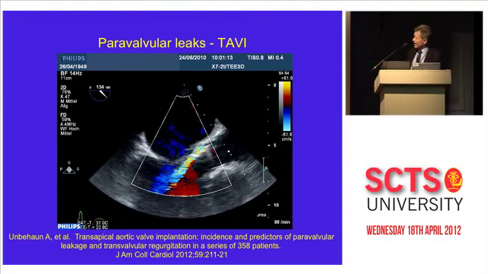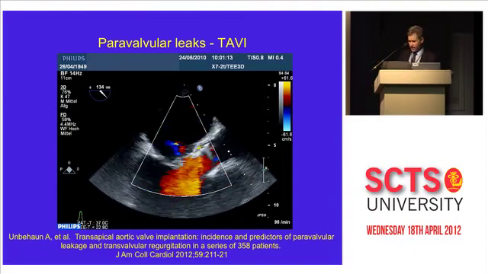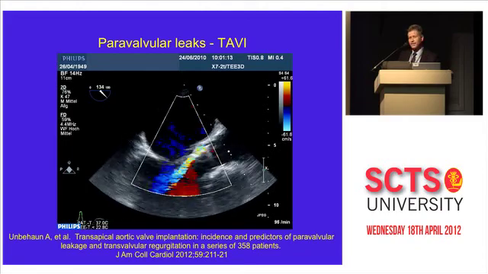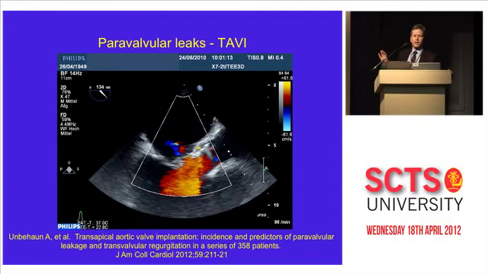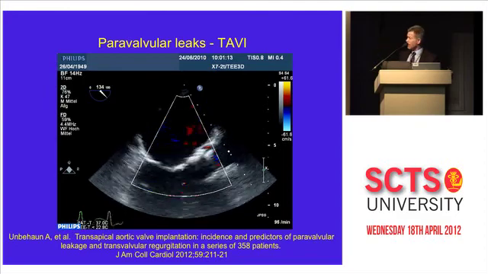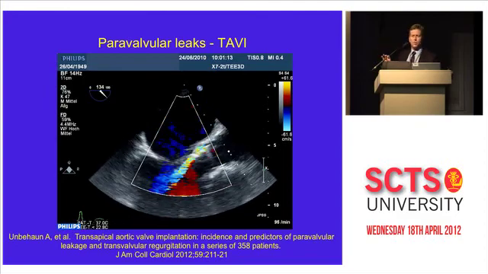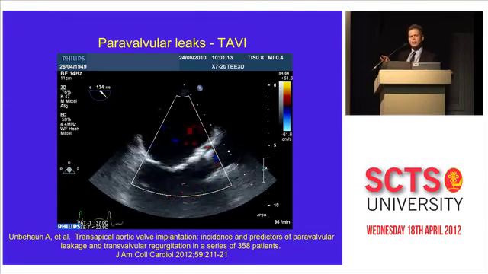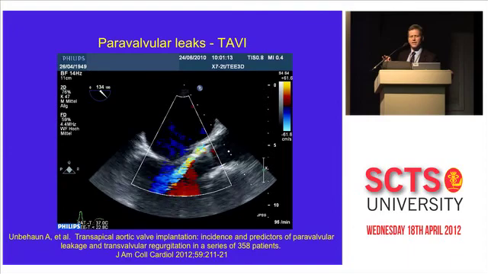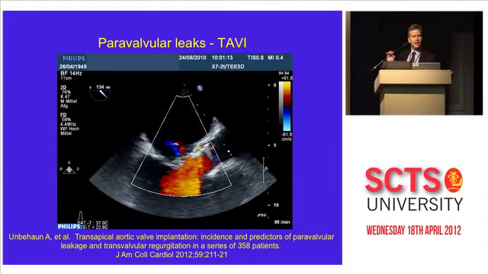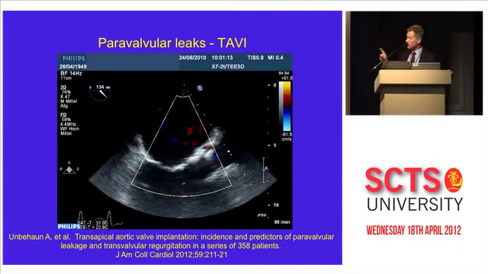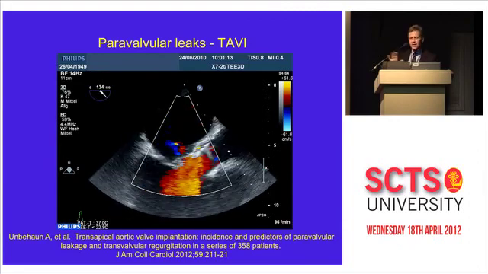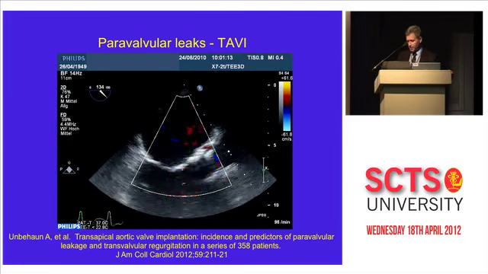And this is an Edwards Sapien valve with quite a high velocity paravalvular leak. And I'm not going to say much about TAVIs and their complications. However, we know that the cardiologists in the cath lab accept much worse paravalvular leaks, and they see this as a victory, where a surgeon will be very disturbed to see this type of paravalvular leak if we come off bypass. But it is accepted in the cath lab much easier.